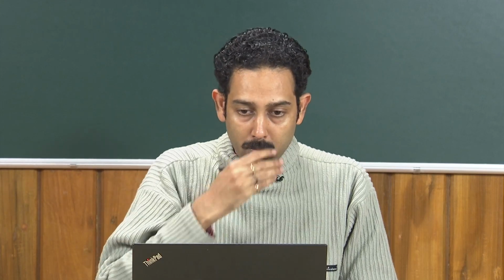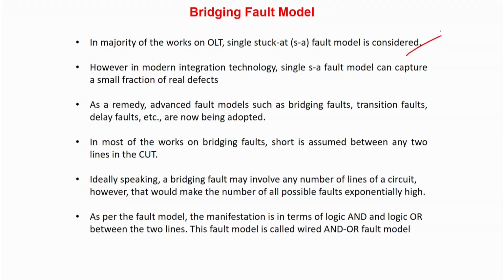As I have told, the majority of stuck-at faults are considered, but in modern integration technology the single stuck-at fault model can capture only a small fraction of real defects. That is why the correlation is coming down. So advanced fault models like bridging faults, transition faults and delay faults are now being adopted. In today's lecture we will see what these modern fault models are, and how you can go for ATPG of these faults.